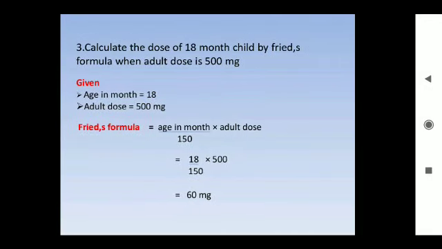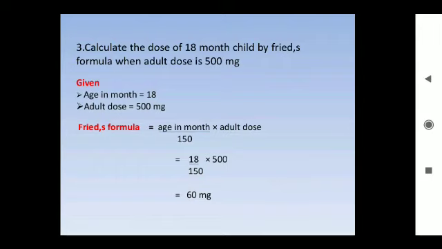Third problem. Calculate the dose of an 18 months child by Freed's formula when the adult dose is 500 mg. Freed's formula works on the child's age in months.